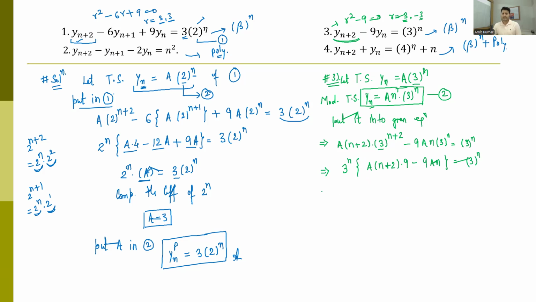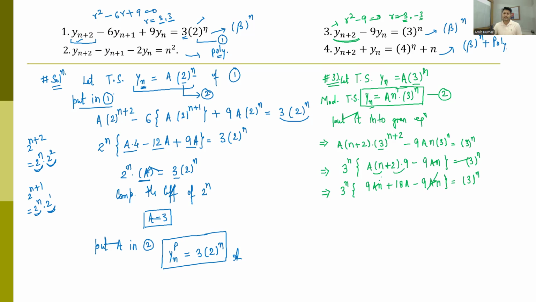Okay, so let us further simplify the inside term. 3 power n into this multiplication will make it 9a into n, then 9 times 2 is 18a, plus 18 times a. I am simply multiplying the term inside, minus 9an, is equal to 3 to the power n.